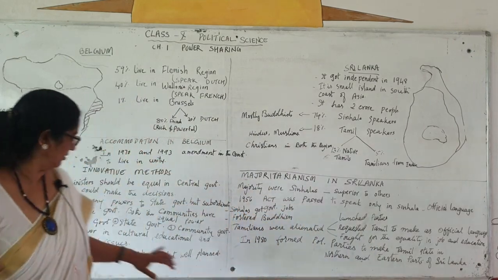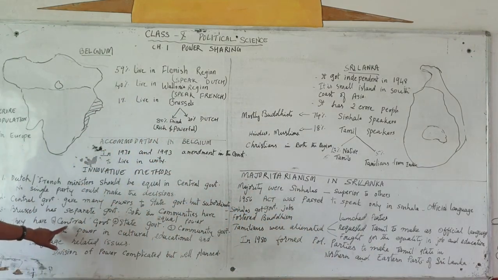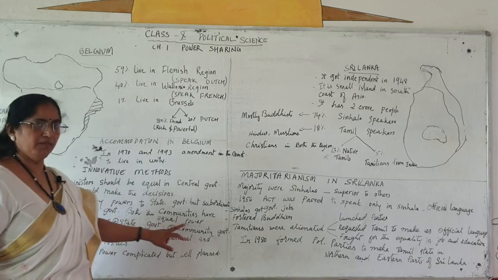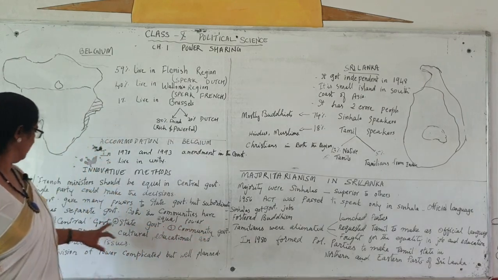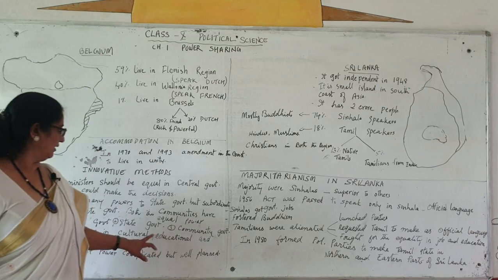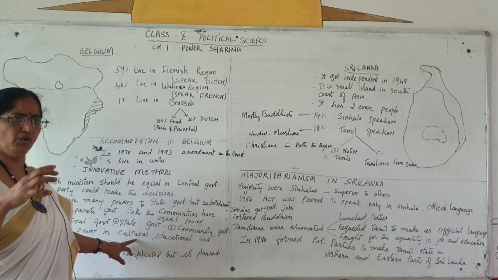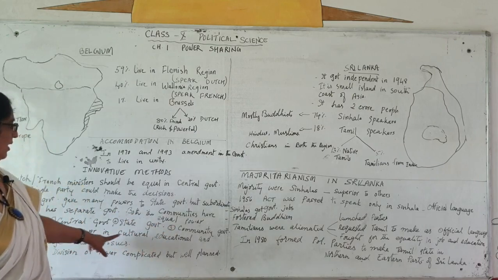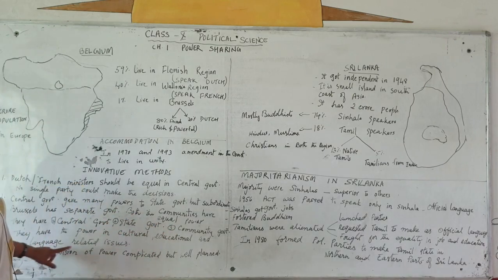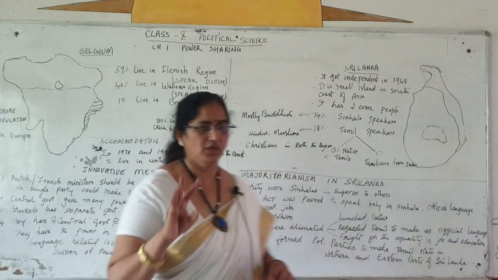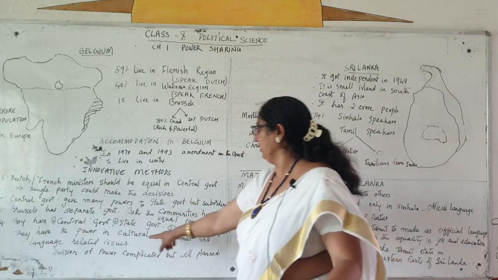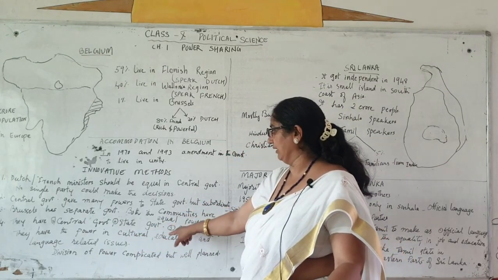In the fourth one, in Belgium they have central government, state government, and community government. They have the power in matters of responsibility.